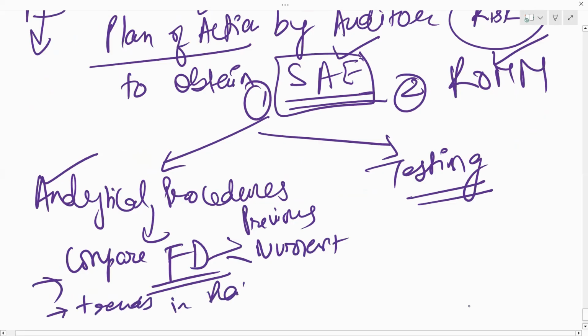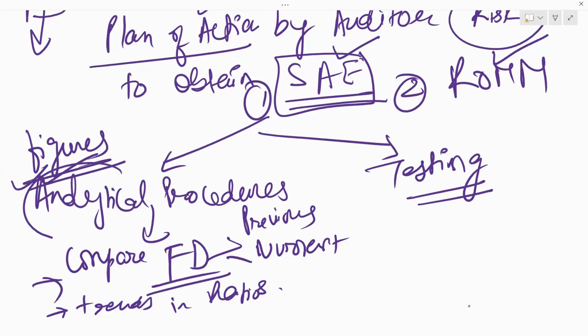Whenever in the question you're given a set of ratios to calculate, you can use those same ratios to also write your substantive procedures, that is, analytical procedures. So wherever figures come into place, that is known as analytical procedures, which compare your financial data of the previous year to the current year to check for any fluctuations, or the trends in the ratios, like GP margin is this much or your operating profit margin is this much. So that is your analytical procedures.